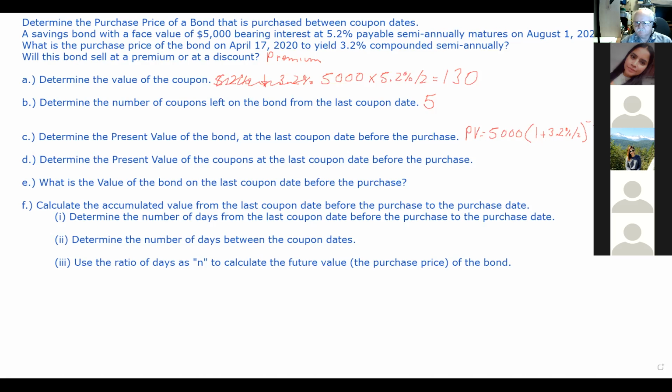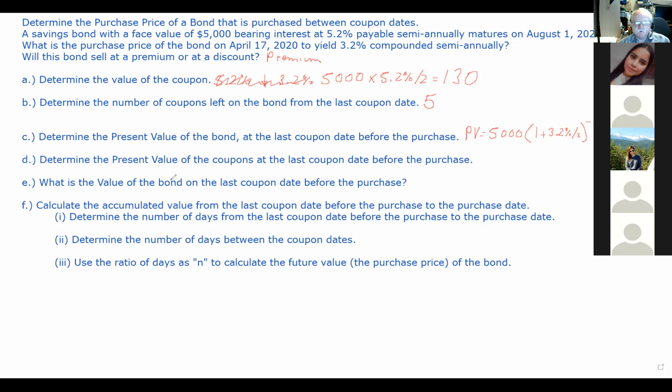So I'm getting 4618.51 here. And we'll make sure we like that. Okay.